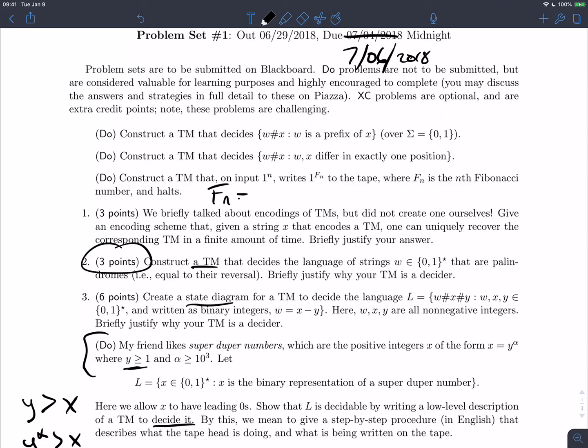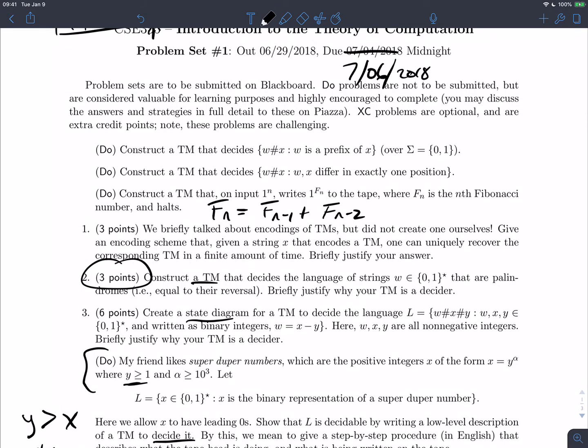So f of n is equal to f of n minus 1 plus f of n minus 2, and then the initial conditions, obviously. So if I want to know f of n, what things do I need to know? Right. I need to know this guy and this guy, right? Can I add two numbers in binary? Yeah, so using a Turing machine, though.